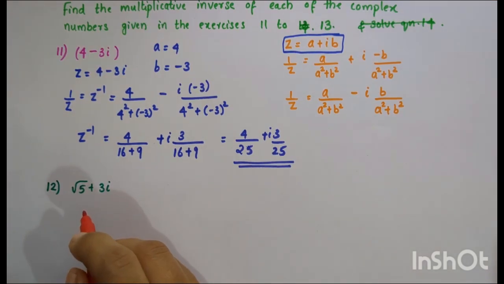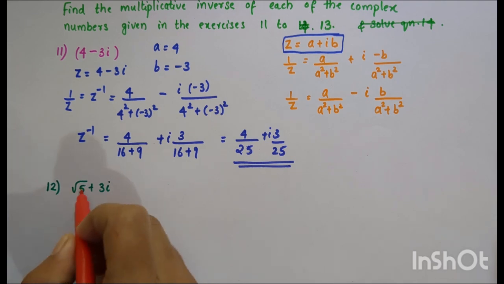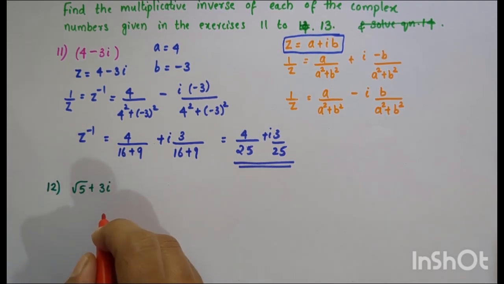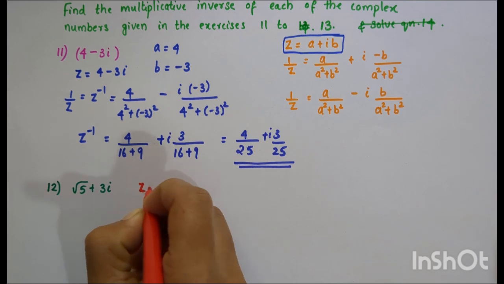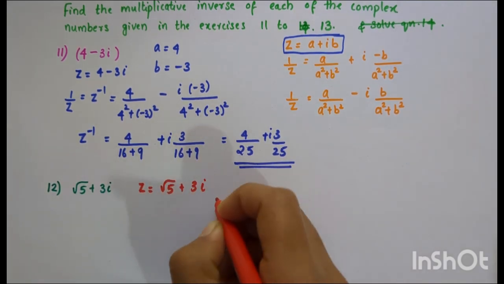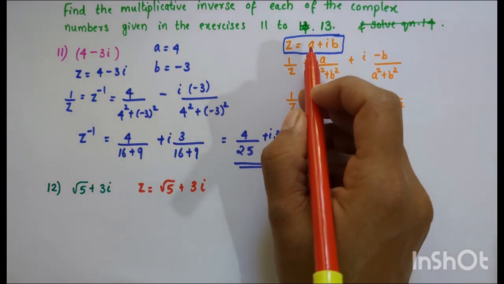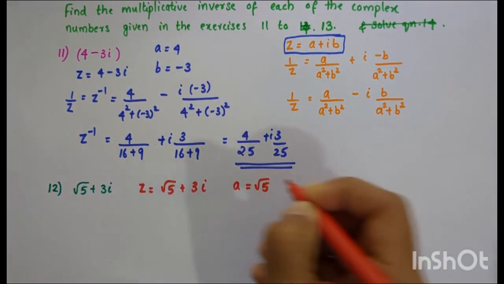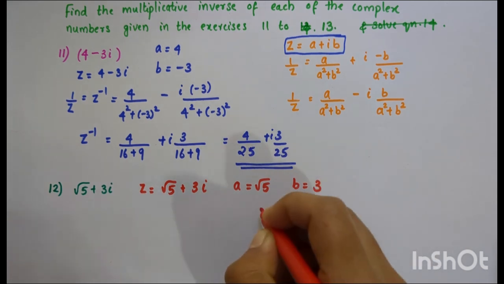Now let us write the multiplicative inverse of the complex number in question number 12, root 5 plus 3i. Here the complex number z is equal to root 5 plus i into 3. When you compare it with a plus ib, it is clear that a is equal to root 5 and b is equal to 3.